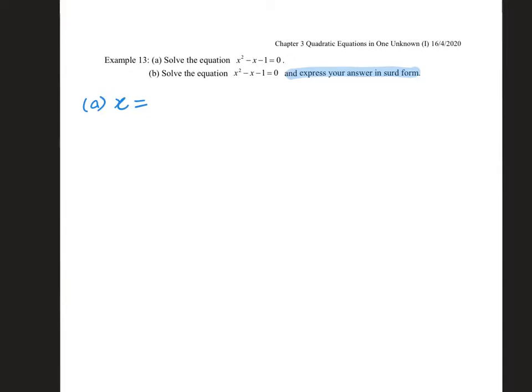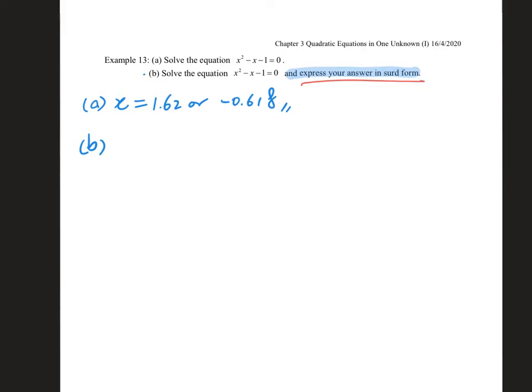So they are 1.618 or minus 0.618 respectively. That's all. Because the question doesn't ask me to write in short form, it's all right to write your answer in decimals.